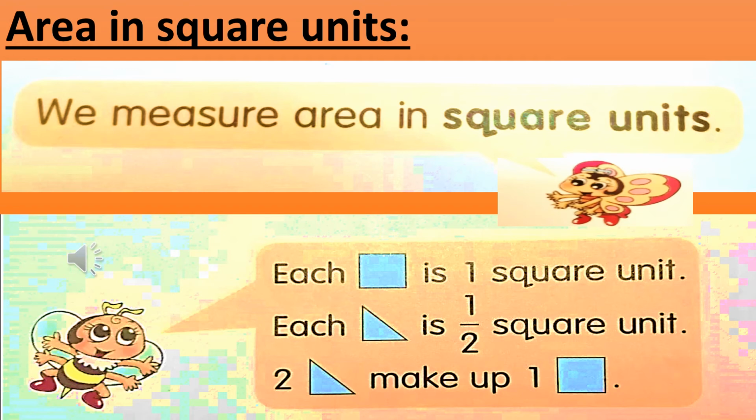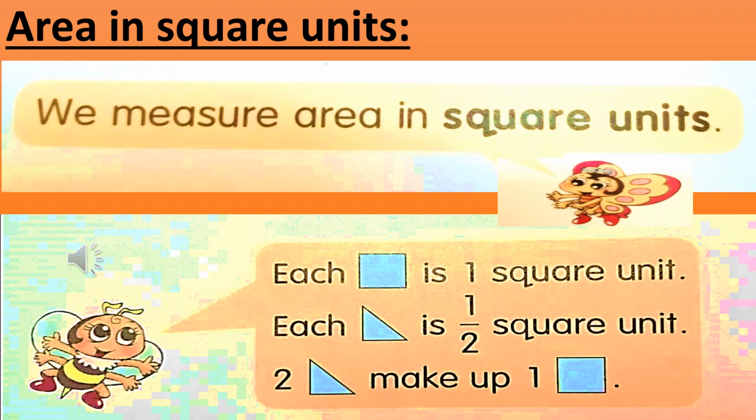When we divide this square into 2 triangles, that means half and half. But when we join these two triangles, it will make up 1 square. That's about area.